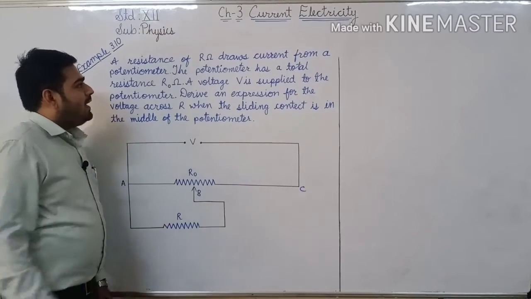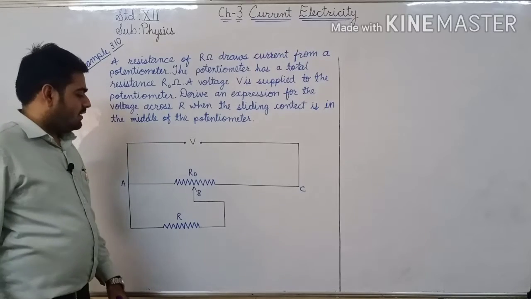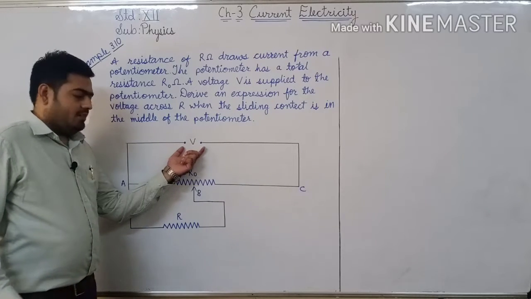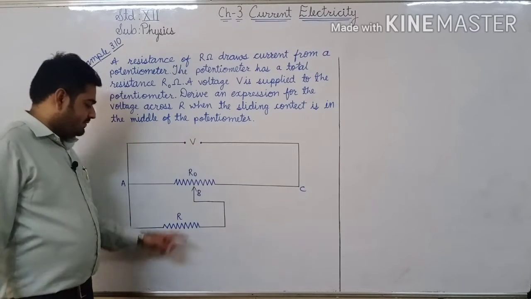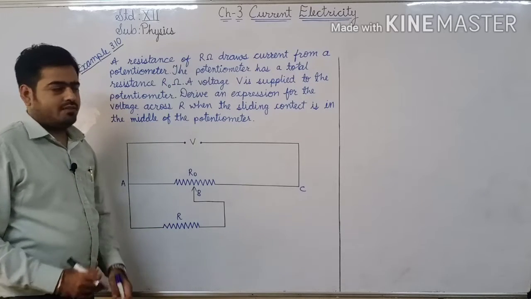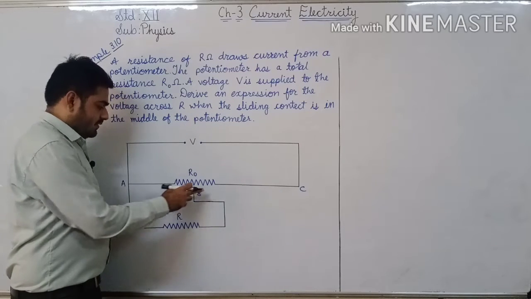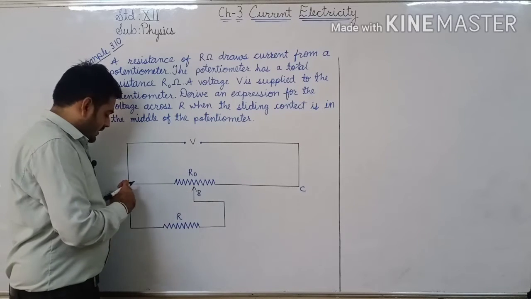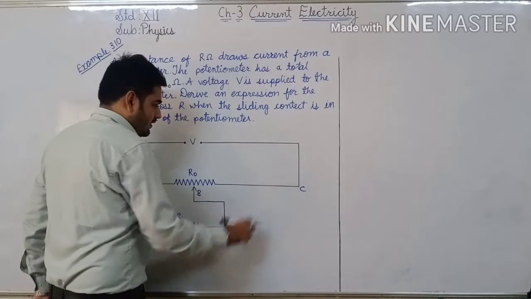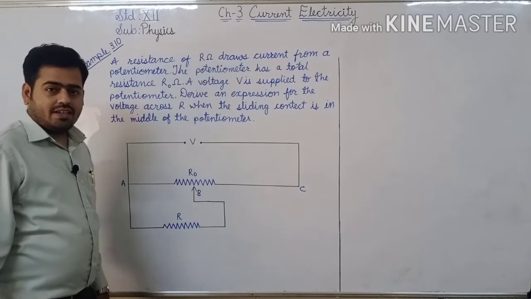A resistance of R ohm draws current from a potentiometer. Battery of voltage V, and here resistance of R ohm is given. The potentiometer has a total resistance R naught ohm. This is A, this is C. Between A and C, what is connected?